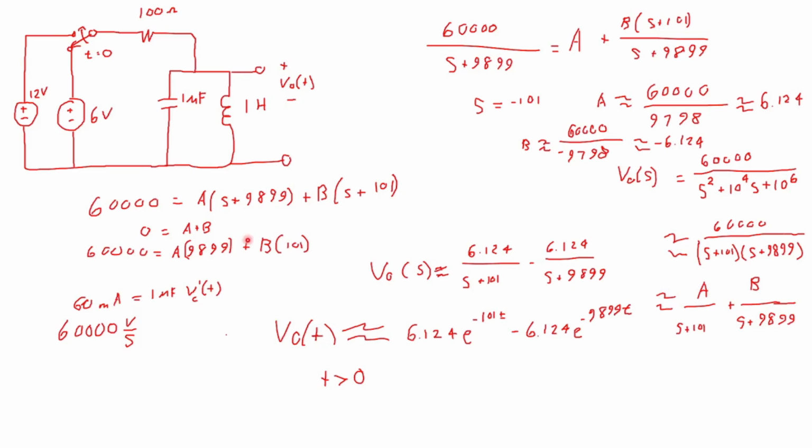One other thing to note as a reminder, if you end up in a critically damped looking situation where you get two real roots, you're going to get an s plus root squared, or an s minus root, I guess I should say, squared term. If you have a 1 over something squared, you need a 1 over that thing squared term and a 1 over just the thing not squared.